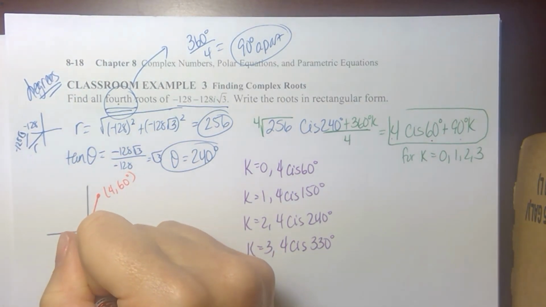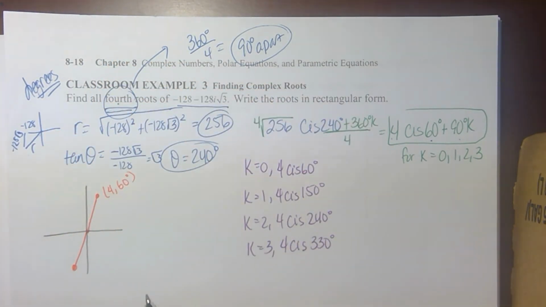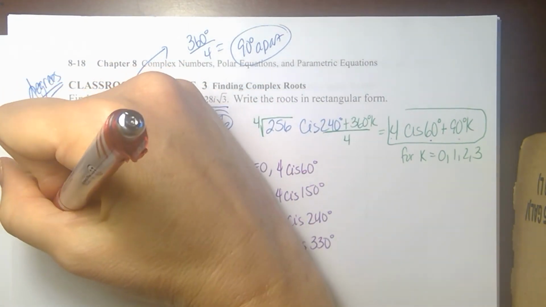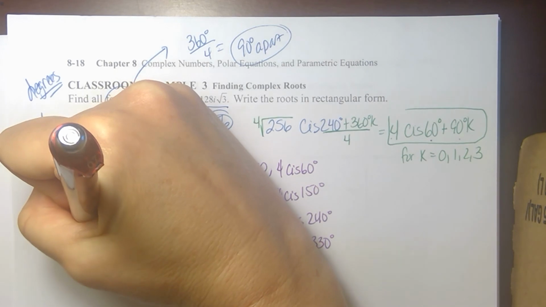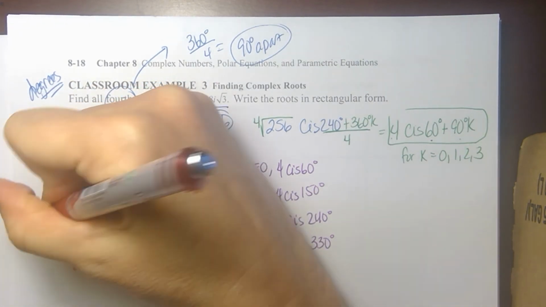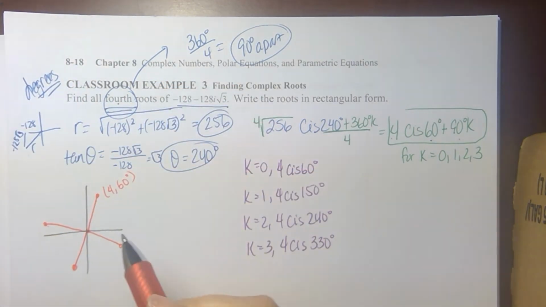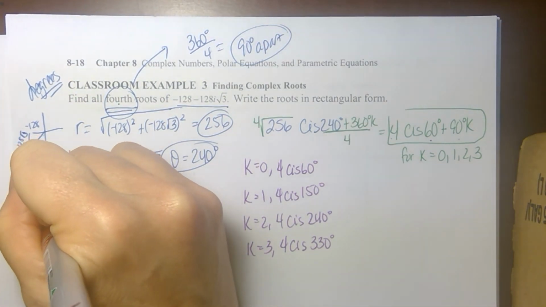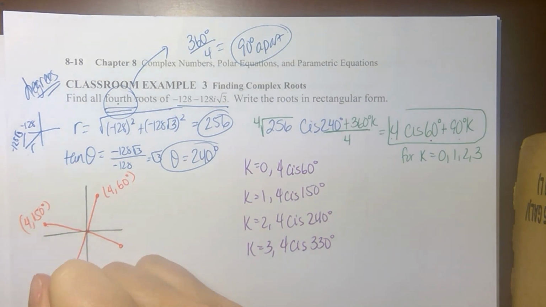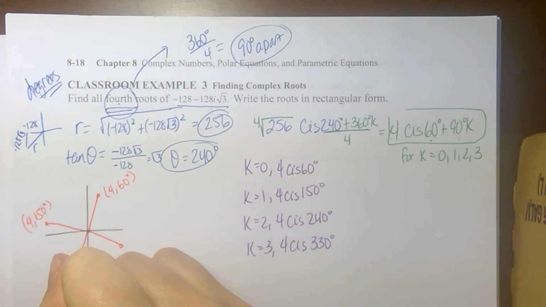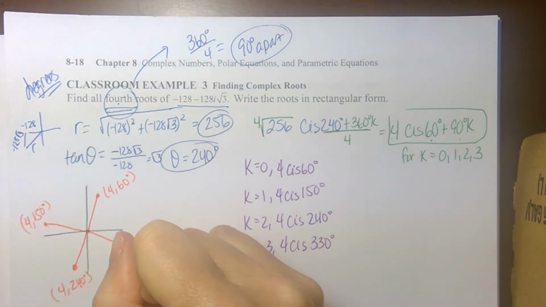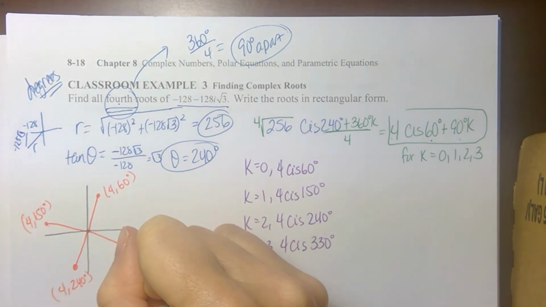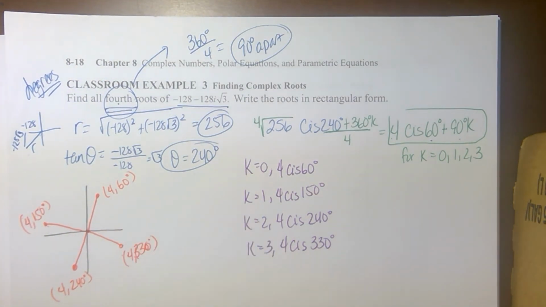Since I'm adding 90, that gets me to 180. I'm going to go ahead and draw these straight across. So I've got 60, I've got 150, and I've got 330. Oh, that's supposed to be a straight line. Didn't do very good about that. So I've got 60, I have 150 as that polar coordinate, I have 240, and I have 330 degrees.